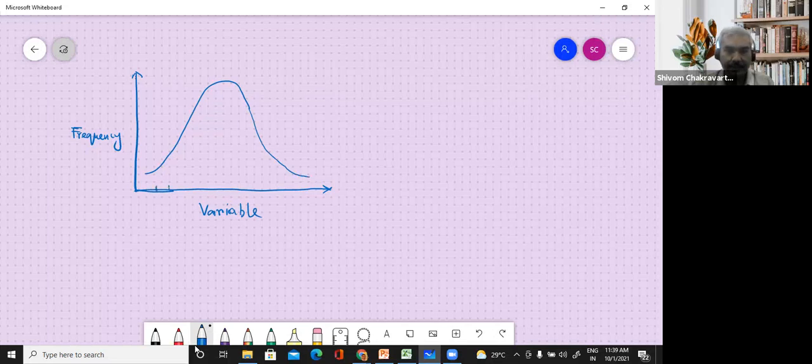So here there will be all the values. Say if it is weight, so 40 kg, 42 kg, 44 kg, like that. All the weights will be here. And near the center, we will find that the mean of all the values is near the center. And this peak, ये जो ऊपर का शिखर है, this peak will correspond to the mean.